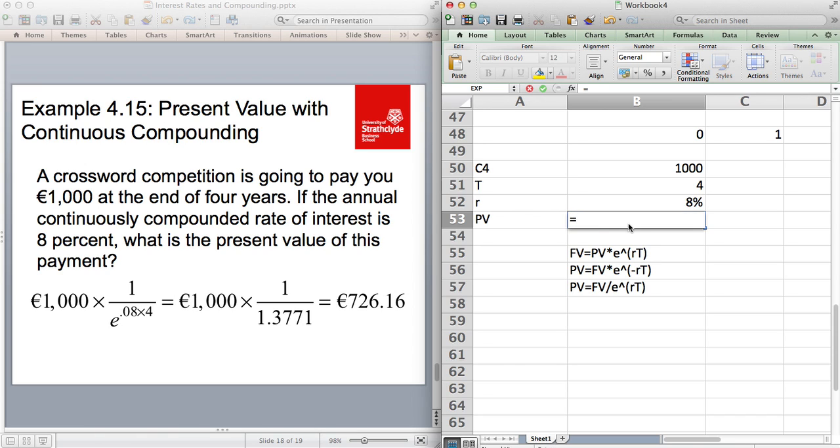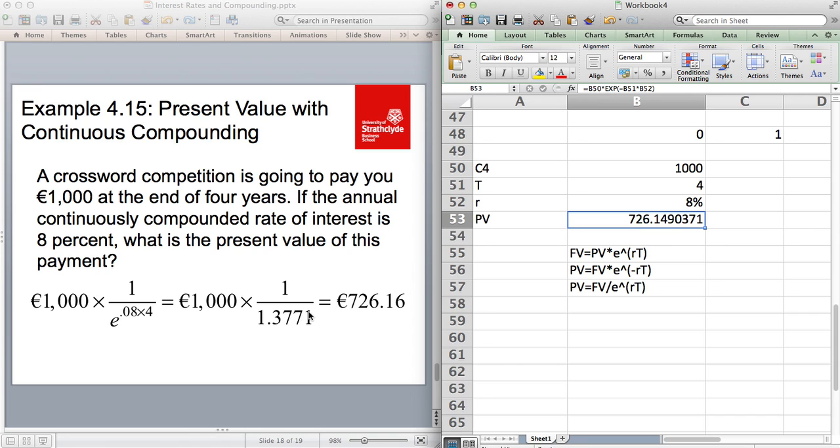PV, we've got 1,000 times EXP to the minus 4 times 8%. 726.1. I've got 149. Now, the reason why that is slightly different is because I multiplied this by 1.3771. There'll be rounding error. That is natural, always happens.